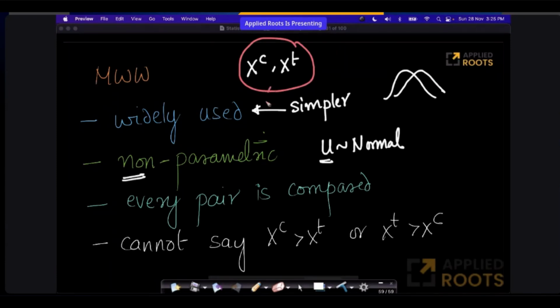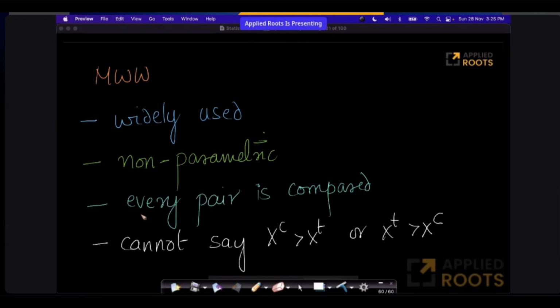It's saying, give me any distribution, give me any data, as long as the observations are independent, as long as I can compare these values, as long as they're ordinal, as long as I can compare greater than, less than, equal to, I will do it. The fact that U has a normal distribution does not make Mann-Whitney-U parametric, because it's not making any assumptions about the random variables that we're comparing.